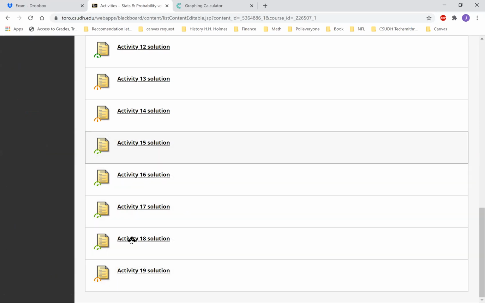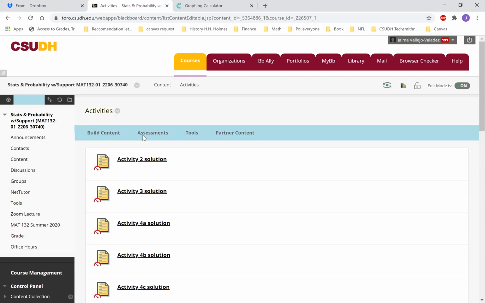So if there's a question that you didn't quite understand, you check the activity, because that's where the solutions are, for you to make sure that you understand what you're doing. So try doing it on your own, but if you get stuck, just go to the solution so you can double check your answer. No, you don't have a quiz today. You're going to have a quiz tomorrow.